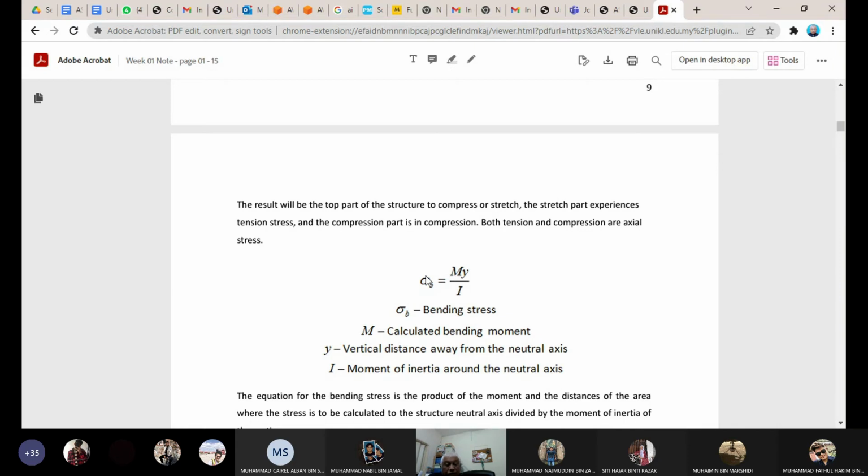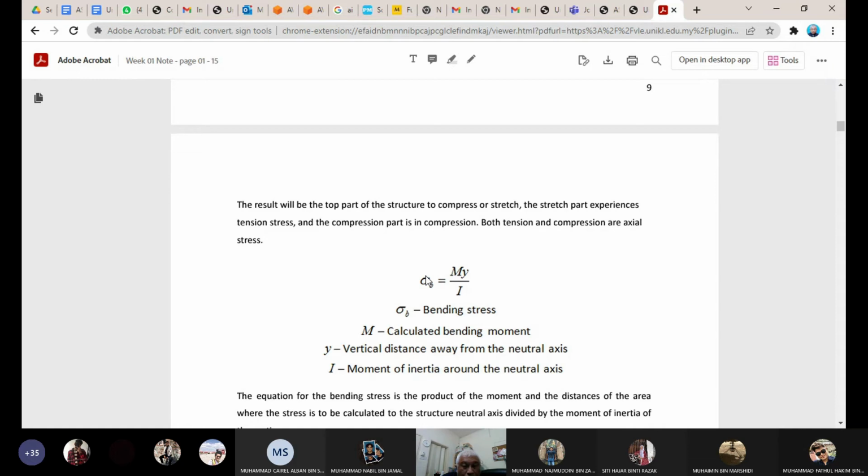So compression and tension exist in bending, and we still call this bending stress. It is just like studying axial loading, which is tension and compression, no different.